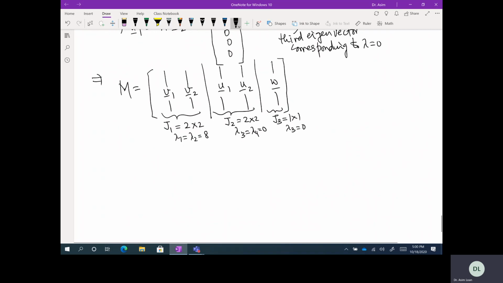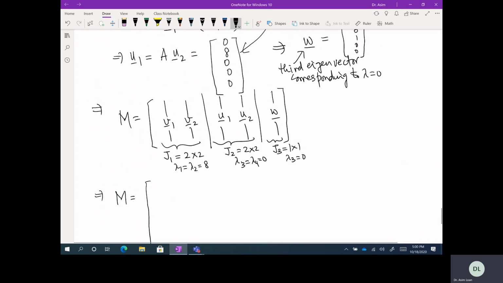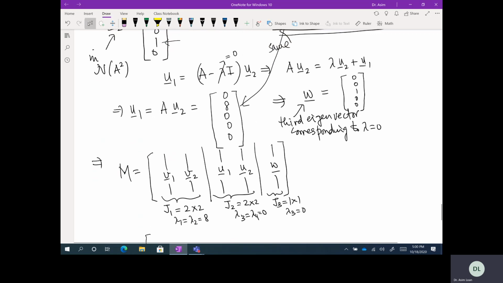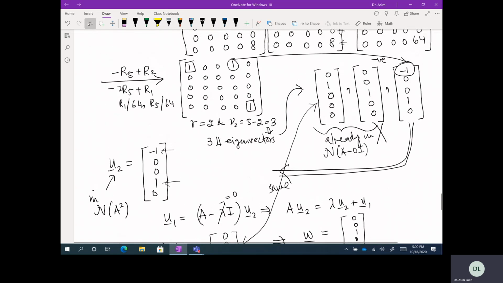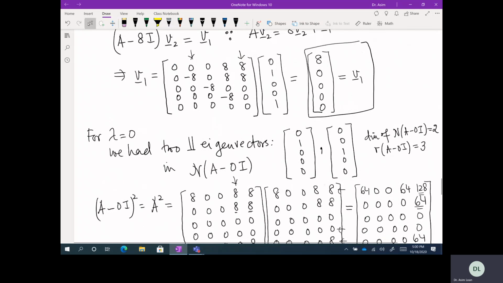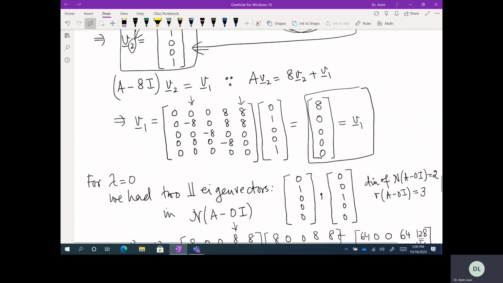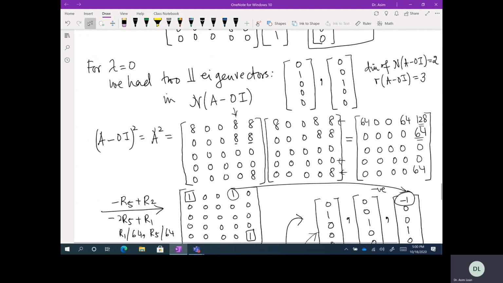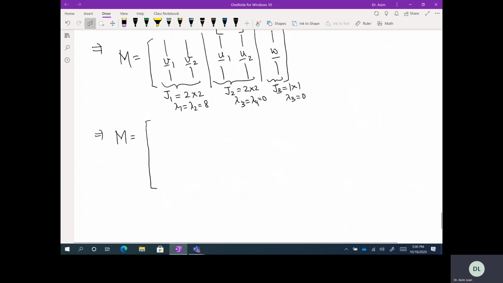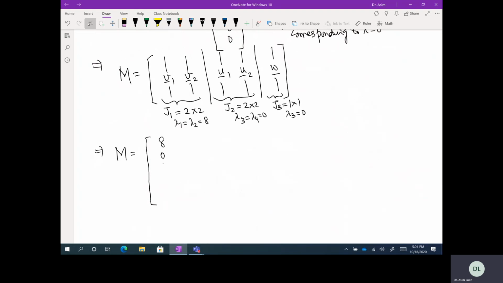So if I do that, let me check, do I get the same thing or not? So my M is v1, v2. Where is v1? My v1 is 8, 0, 0, 0, and v2 is 0, 1, 0, 0, 1.